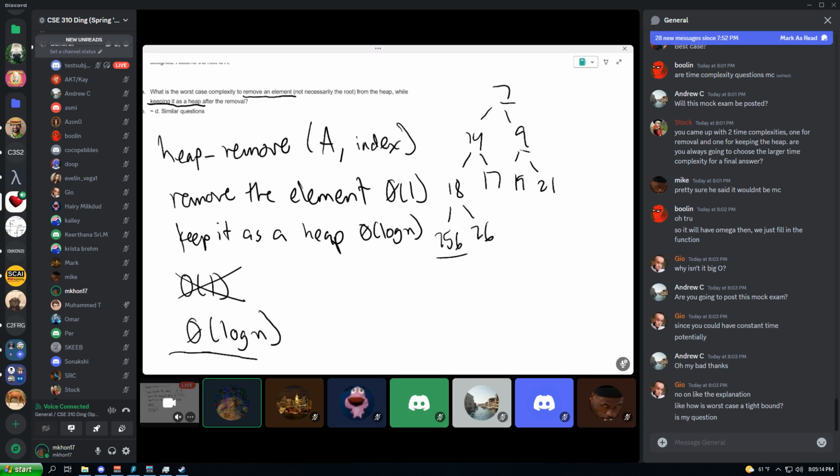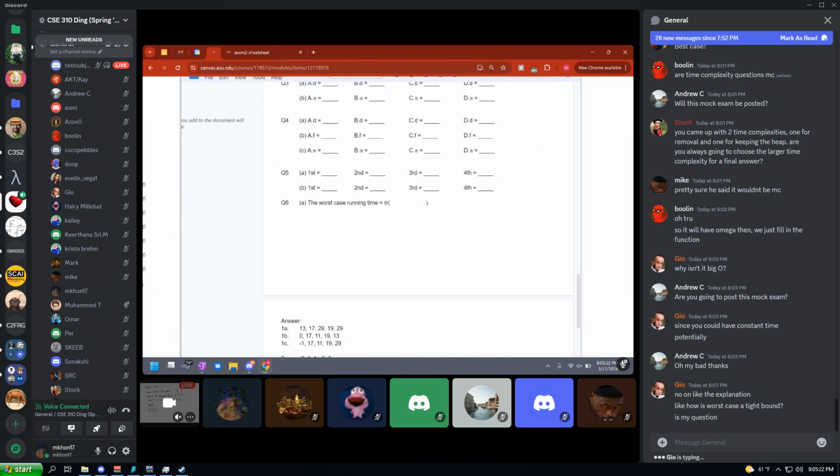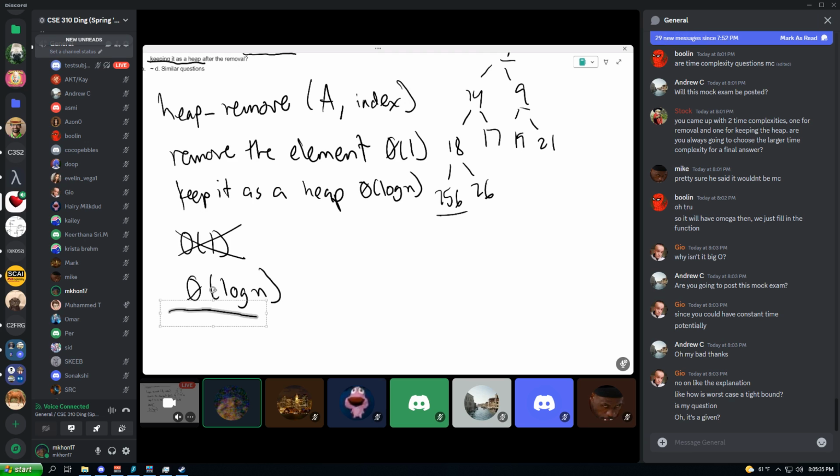I see what you mean. I don't think it would be considered a tight bound. I honestly don't know why it says theta, but okay, I know why. It's because it's the worst case. The case I just mentioned is not a worst case, that's just a case, right? It's given that you need to find the worst case time.